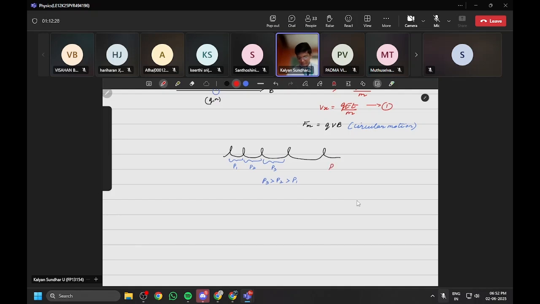So pitch is keep on increasing due to acceleration produced by electric field.